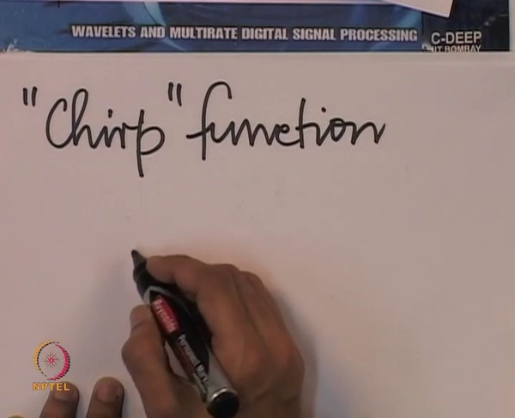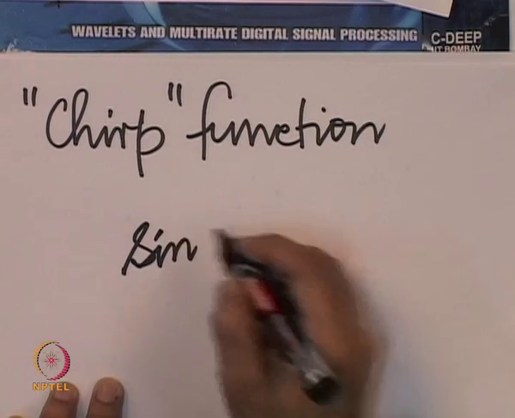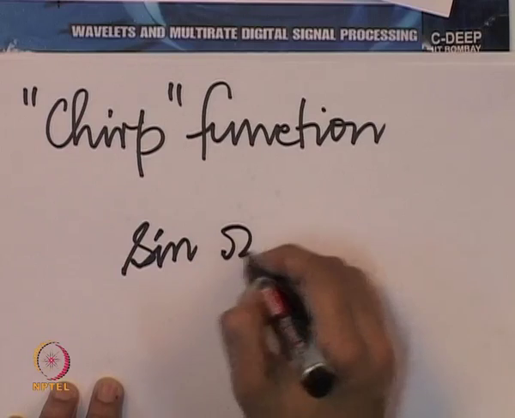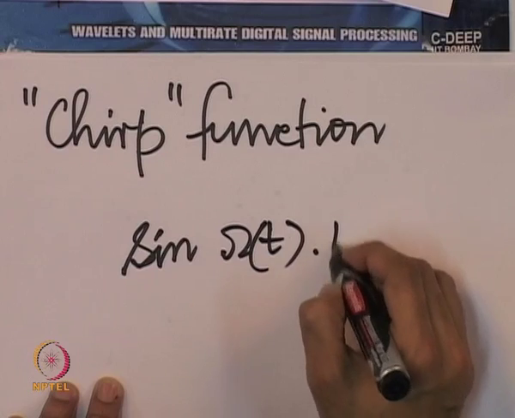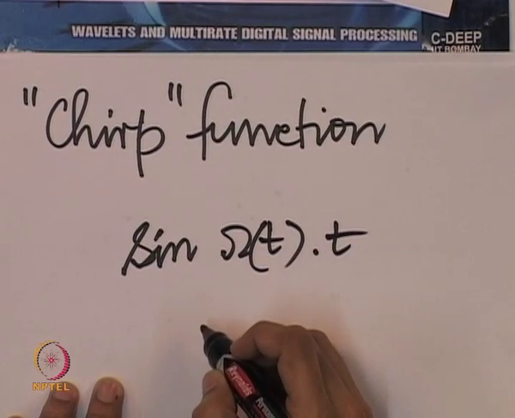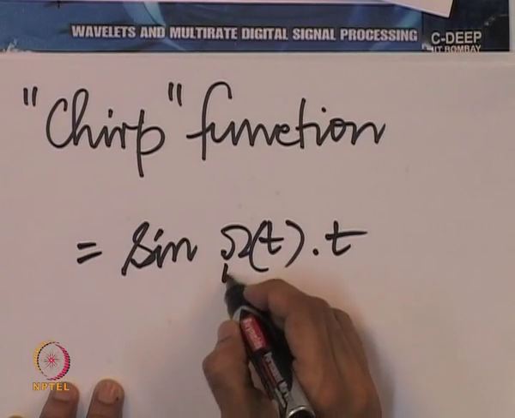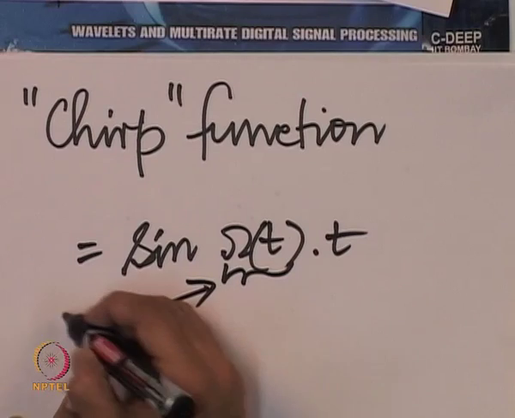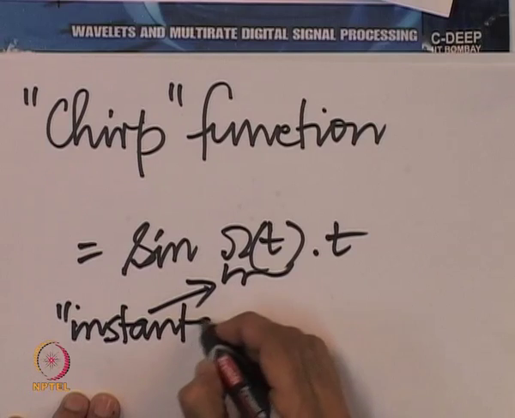So, it is something of the form, say sin omega as a function of t. So, essentially this instantaneous frequency, so to speak, of the sine wave is a function of time.